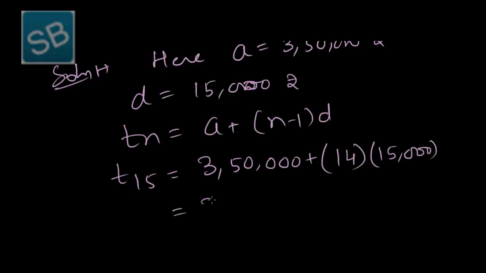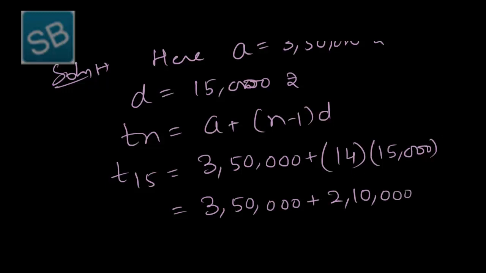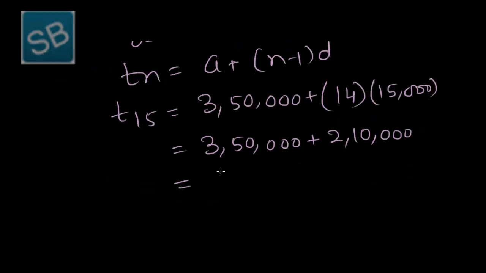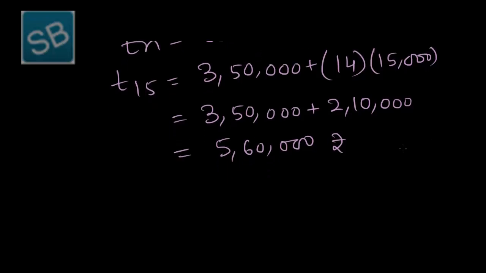So we get 3,50,000 plus 2,10,000 on multiplying 14 and 15,000. We get 5,60,000 rupees at the end of 15 years after increment.